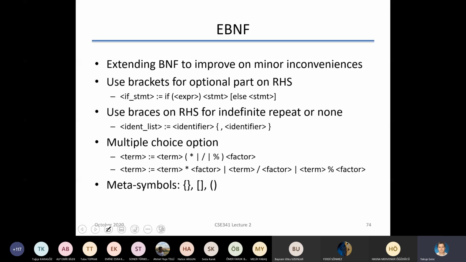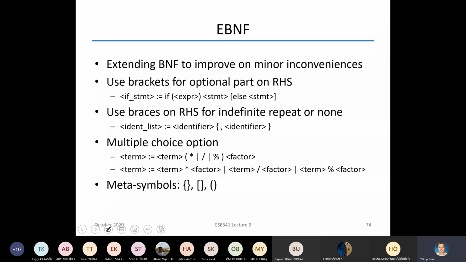If you have optional parts on the right-hand side, similar to regular expressions, we can use square brackets. This is just notational convenience.